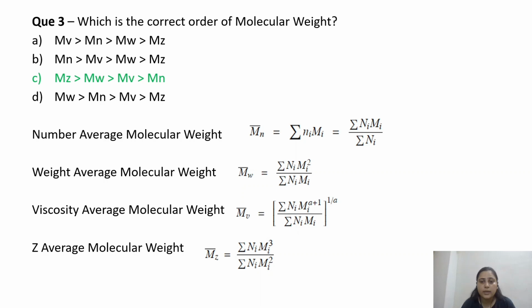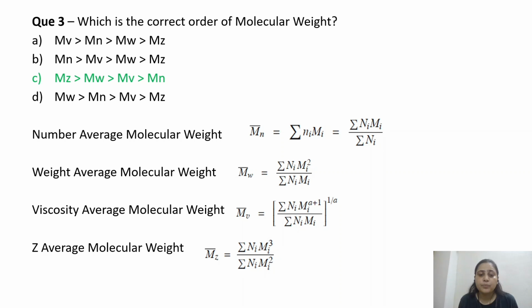Z average molecular weight is the summation of Ni into molecular weight to the power 3, divided by the summation of Ni Mi square. From all these formulas we can see that Z has a higher power of M in the numerator.